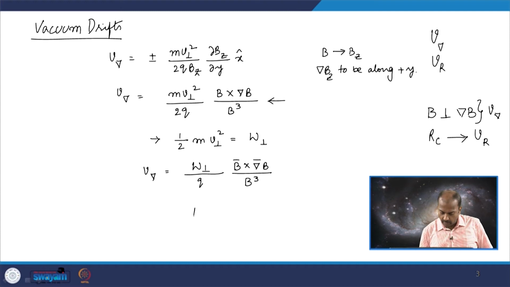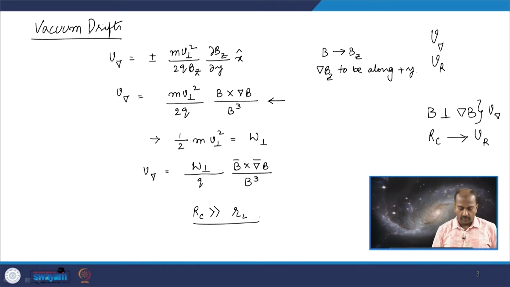If you take the curvature RC, in order to highlight the effects of curvature, because there is one more radius involved here, which is RL, the radius of gyration, we say that the radius of curvature is much larger than the radius of gyration.